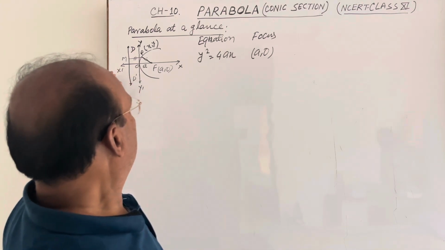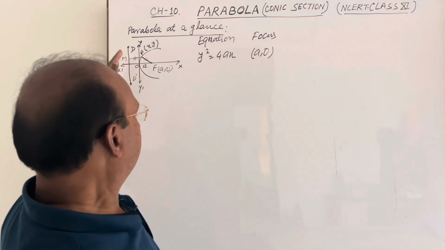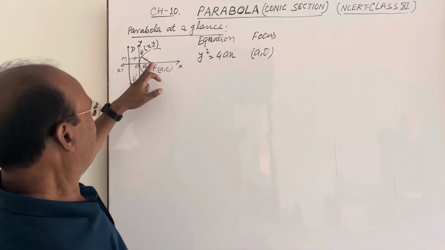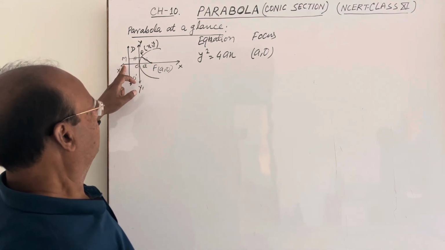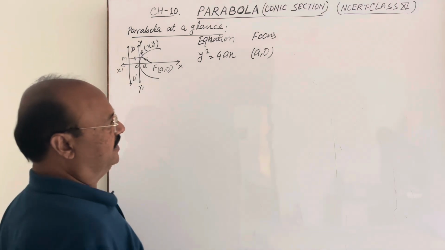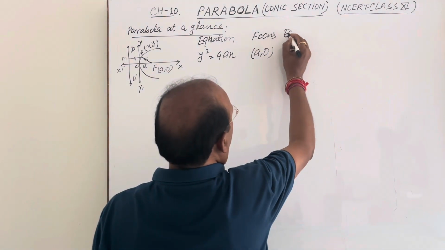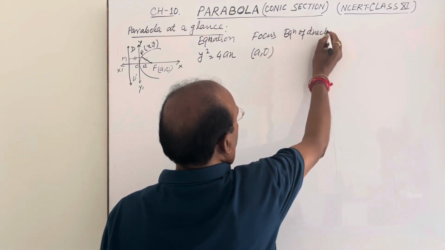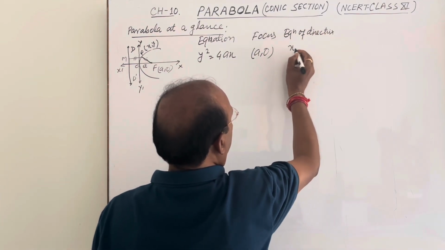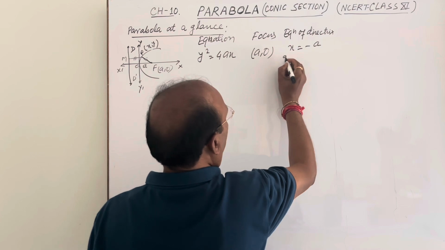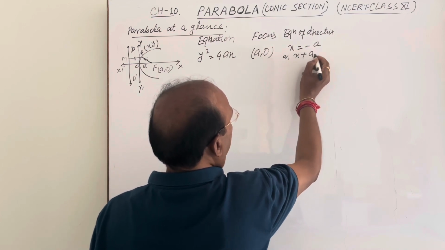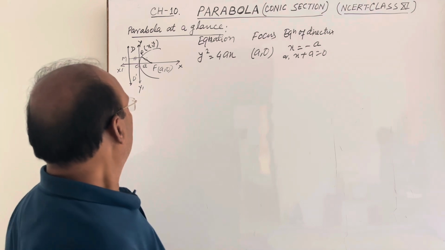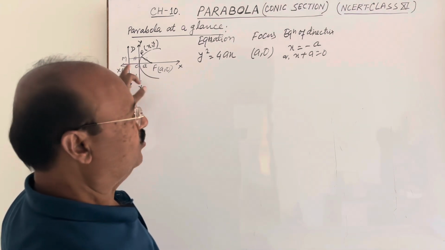And what is the equation of directrix? Here this distance is A, this distance is minus A. So x is equal to minus A, or we can write x plus A is equal to 0. This is the equation of directrix.